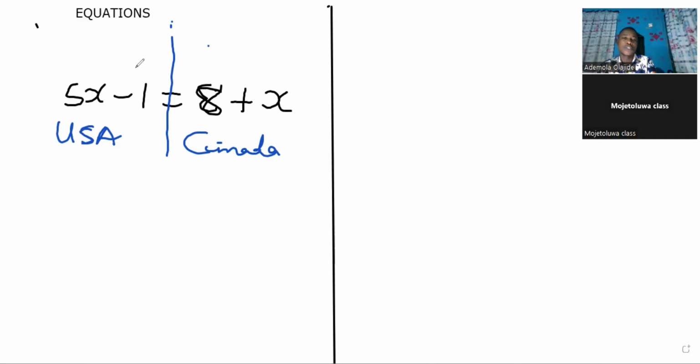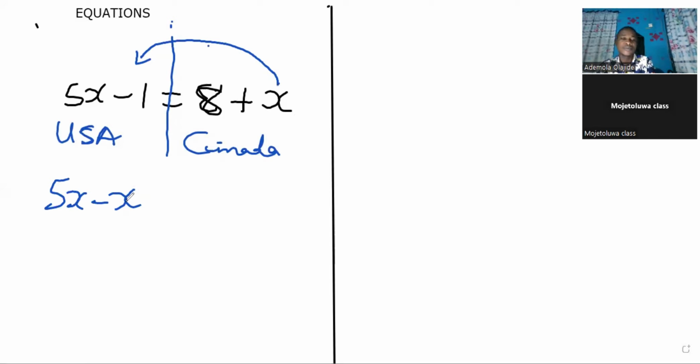Because this 5x is already in the US, it stays 5x. But the x that is coming to meet it will come in as minus x, because it was positive in the original country. When it gets to the next country, it will change to negative.